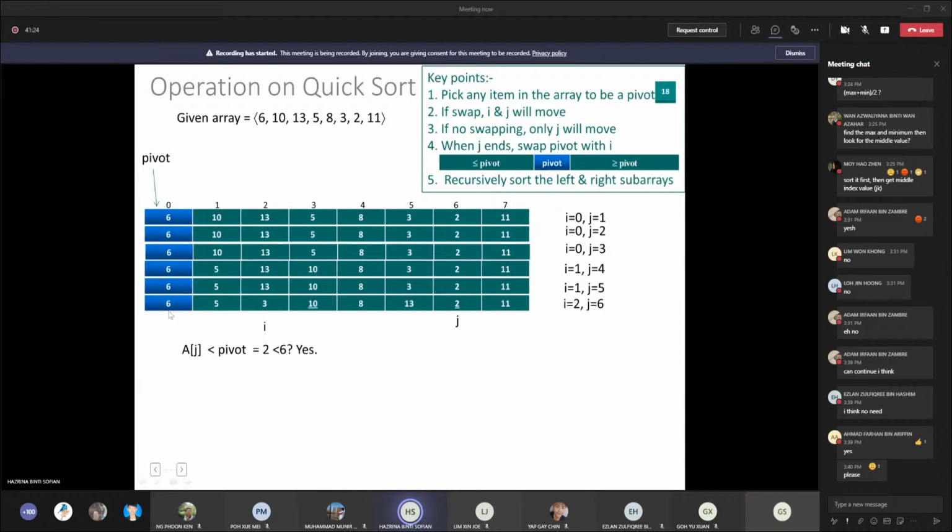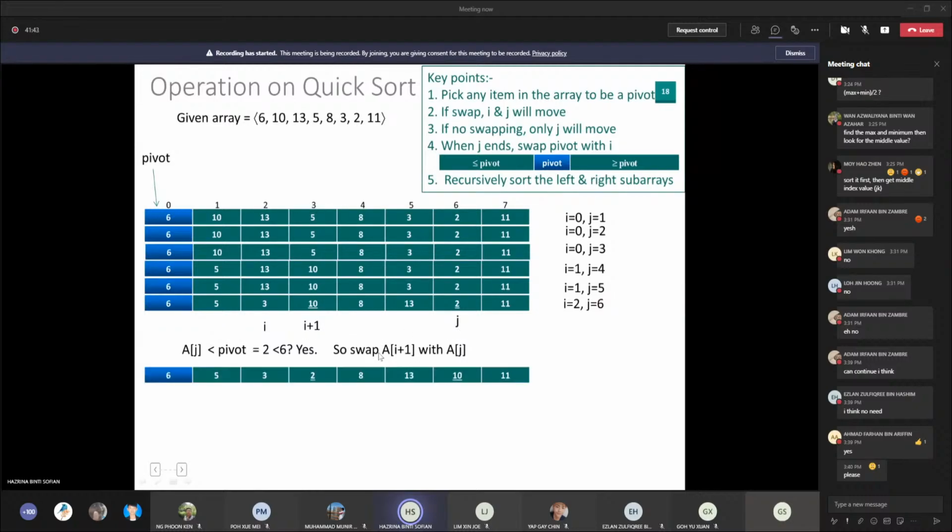Is 2 smaller than 6? Yes. If yes, then we need to swap the aj with i plus 1. When we swap it, this 2 will become here, this 10 will become here.